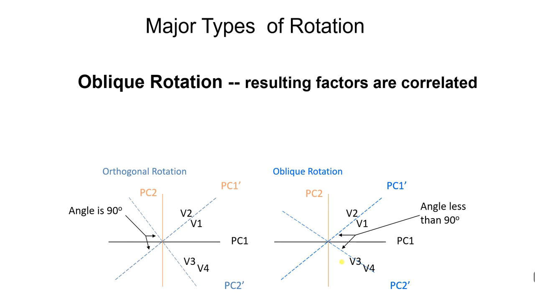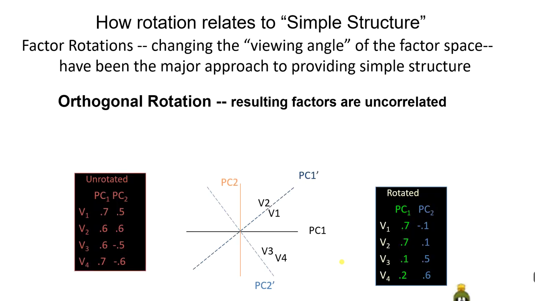But if I go back, in orthogonal rotation, this angle constraint is maintained, and if the angle is 90 degrees, it means the factors are not allowed to correlate. So this is the difference between orthogonal rotation and oblique rotation. In orthogonal rotation, factors are considered independent, uncorrelated, or orthogonal.